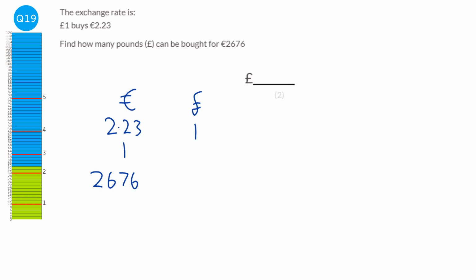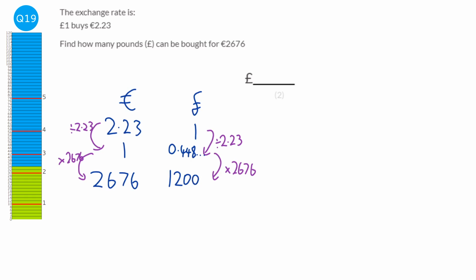So to get from 2.23 to 1 we divide by 2.23, and we're going to do that on both sides, and when we do that we get 0.448 and so on, and then to get from 1 to 2,676 we go times by 2,676 on both sides, and when we do that we get £1,200. So 2,676 euros is £1,200.